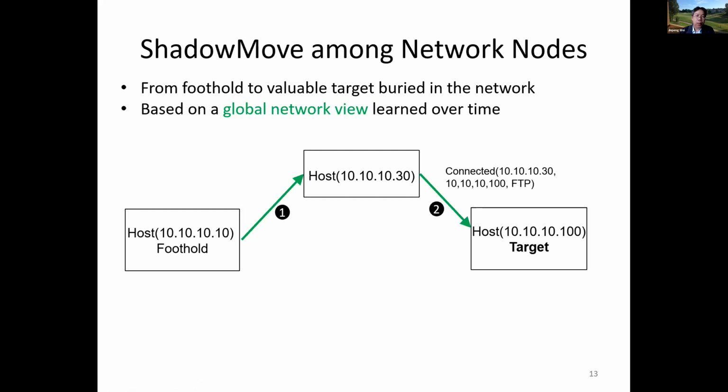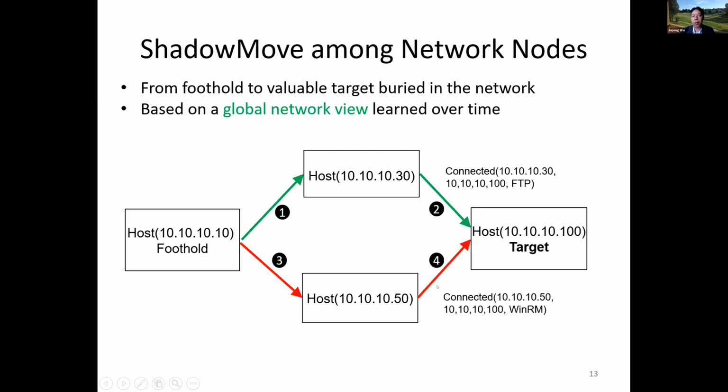So the attacker will try to discover another path from the initial foothold, and then continue this discovery and eventually discover a WinRM connection to the same target host. So now, with all this together, the attacker is finally able to launch their malware on the target machine.